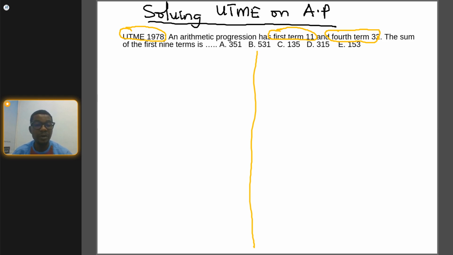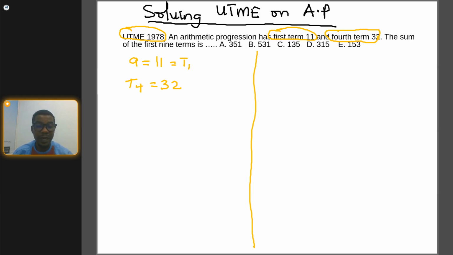So we need to write out the information given. We're given the first term to be 11. The first term is the same thing as T1. And we are also given the fourth term, that is T4 equals 32.